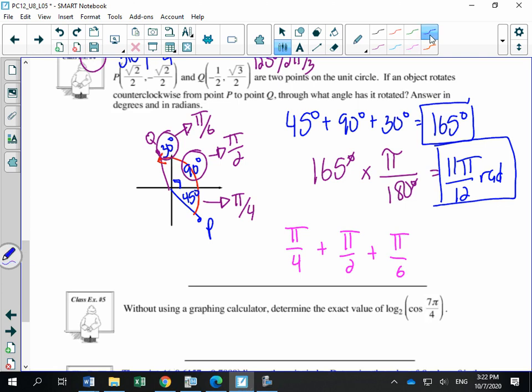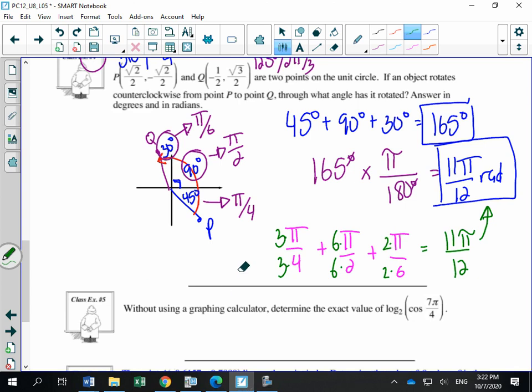We need to get common denominators. The common denominator between a 4, a 2, and a 6 is going to be 12. So I'm going to multiply this by 3 and this by 3, this by 6 and this by 6, and this by 2 and this by 2. Now I have a common denominator of 12. 3 plus 6 is 9, plus 2 is 11 pi over 12 radians, which corresponds to that answer there.